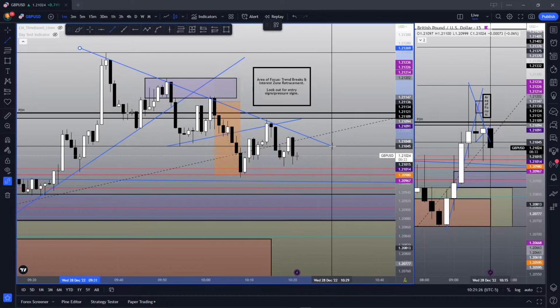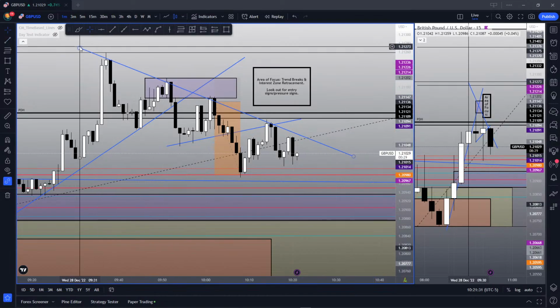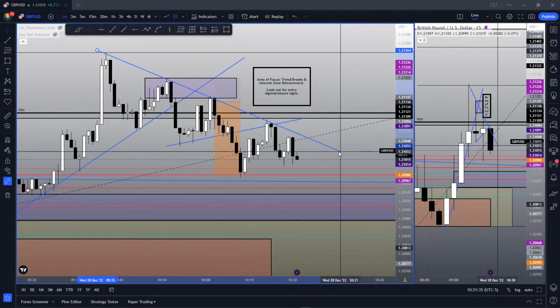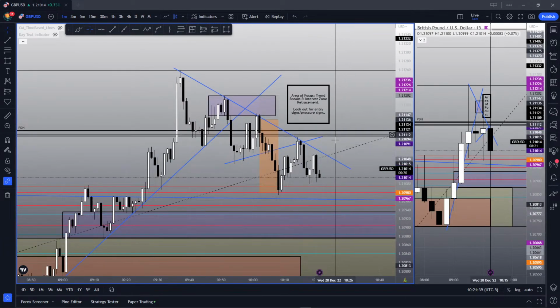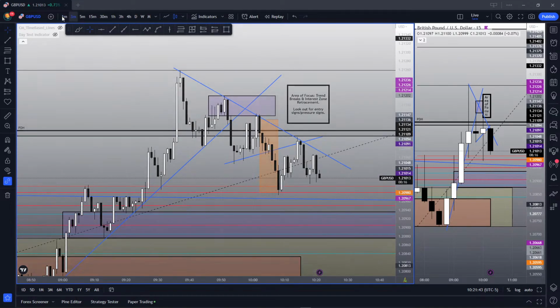So you can see how the trend line is being respected right now. Let's see how it's gonna maintain this. See how it's not gonna break through. If it breaks through this, then it's a transition. But that's pretty much what we're gonna look for.